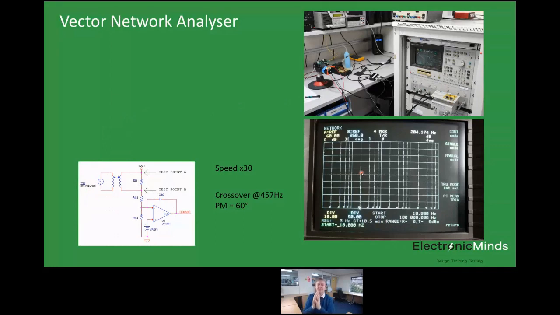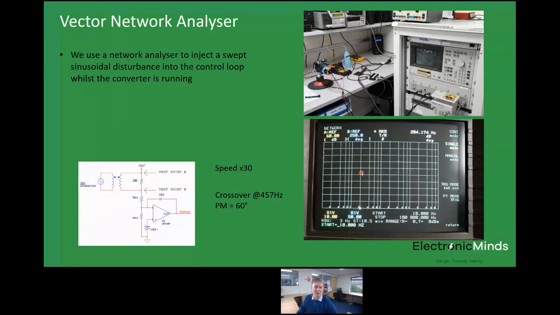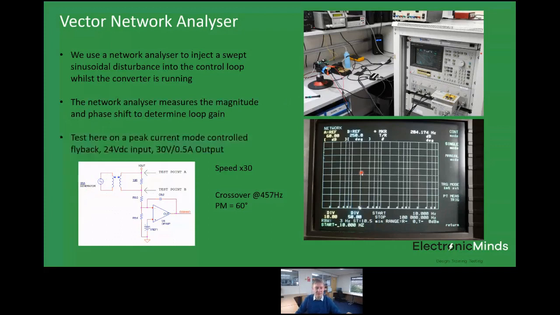So it allows you to make very low noise measurements, and that gives you a nice, smooth, predictable phase response. So we use that network analyzer to inject a swept sinusoidal disturbance into that control loop whilst the converter's actually running. The network analyzer then measures the magnitude and phase shift, and that determines the loop gain in our system.